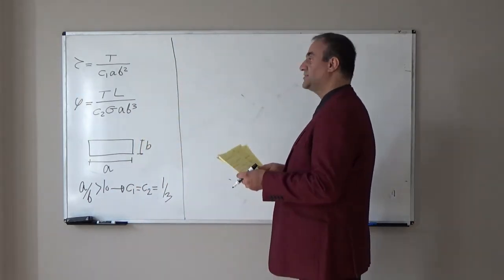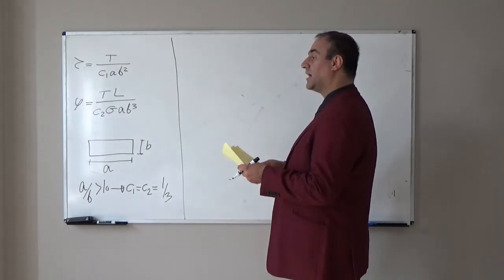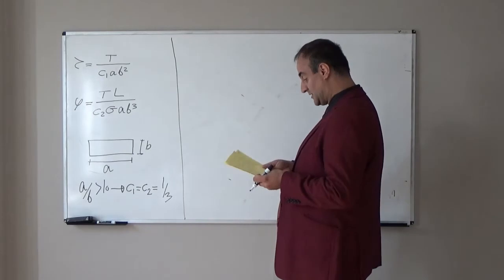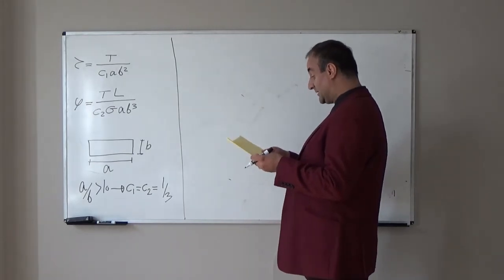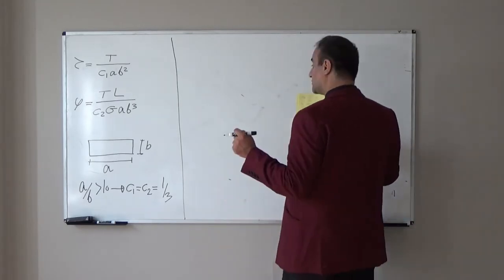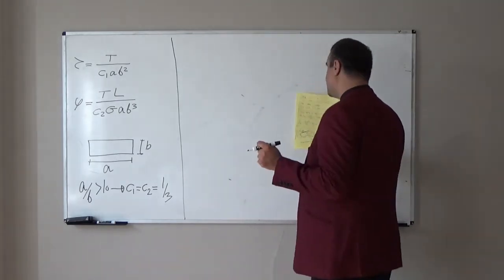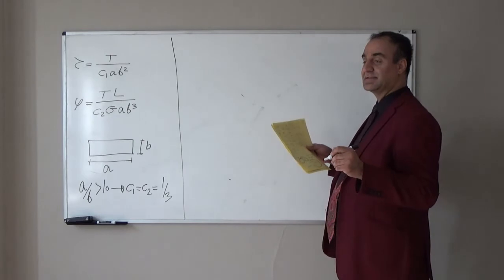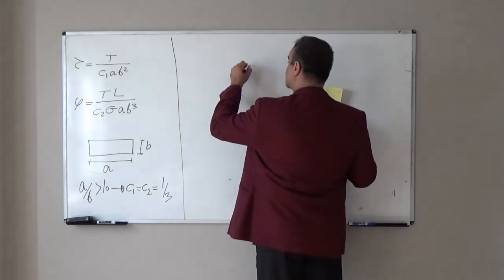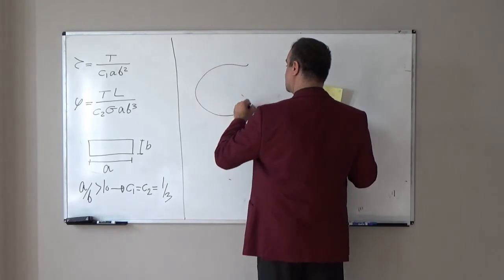If we have a shaft with a thin-walled cross section and it is a closed section, so torsion of shafts with thin-walled cross sections, and that is a closed section, something like this.